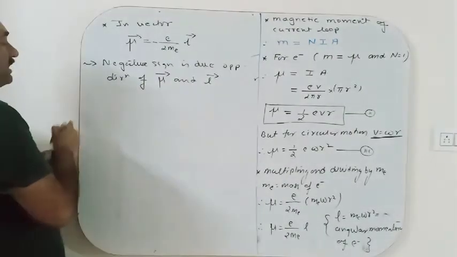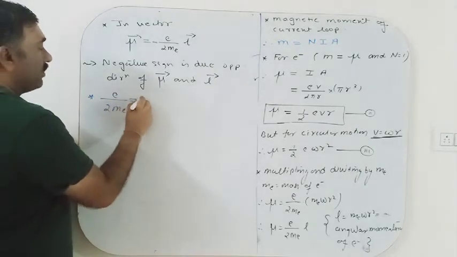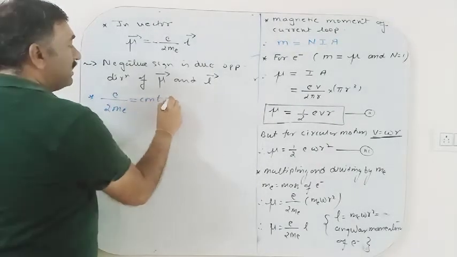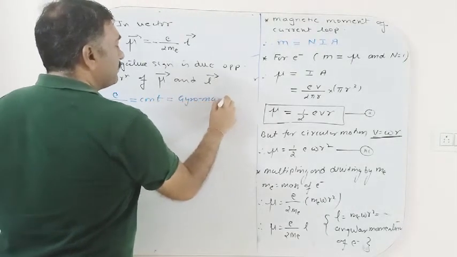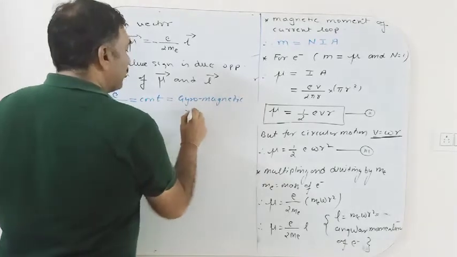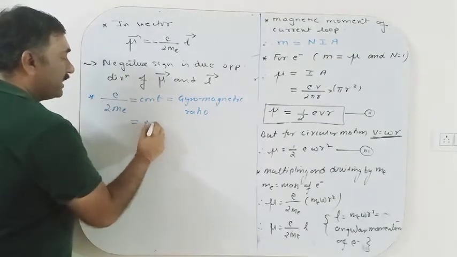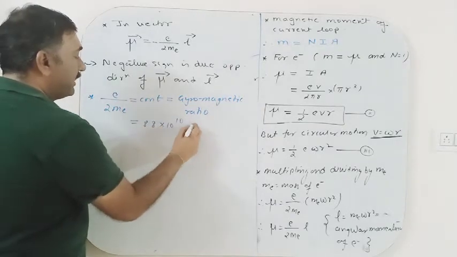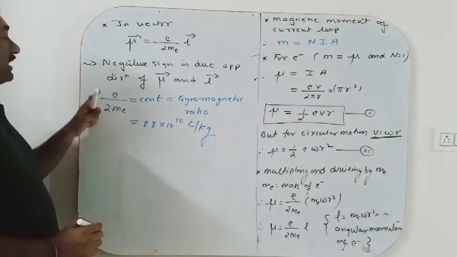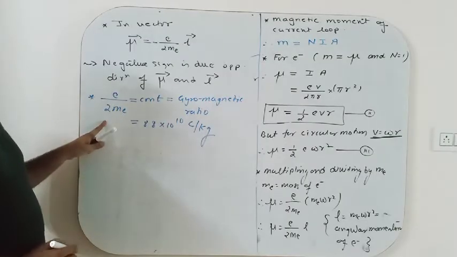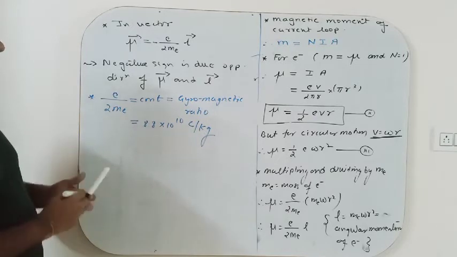Here E upon 2me is a constant, and it is known as the gyromagnetic ratio. Its value is 8.8 into 10 raised to power 10 coulomb per kg. What is the value of this gyromagnetic ratio? E divided by 2me, and it is 8.8 into 10 raised to power 10 coulomb per kg.